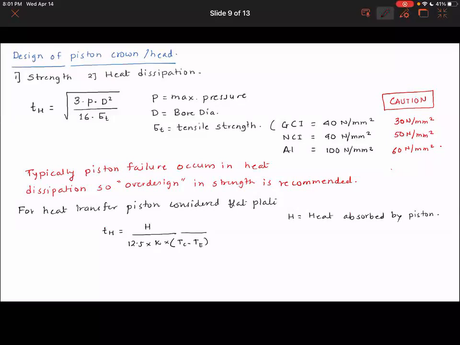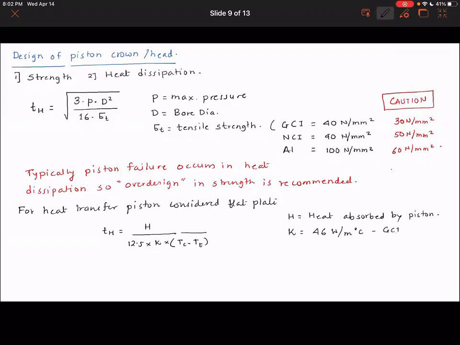And that heat has to be dissipated through the material. So the value of K is dependent on the material. For example, for gray cast iron, it is 46 watts per meter degree Celsius.